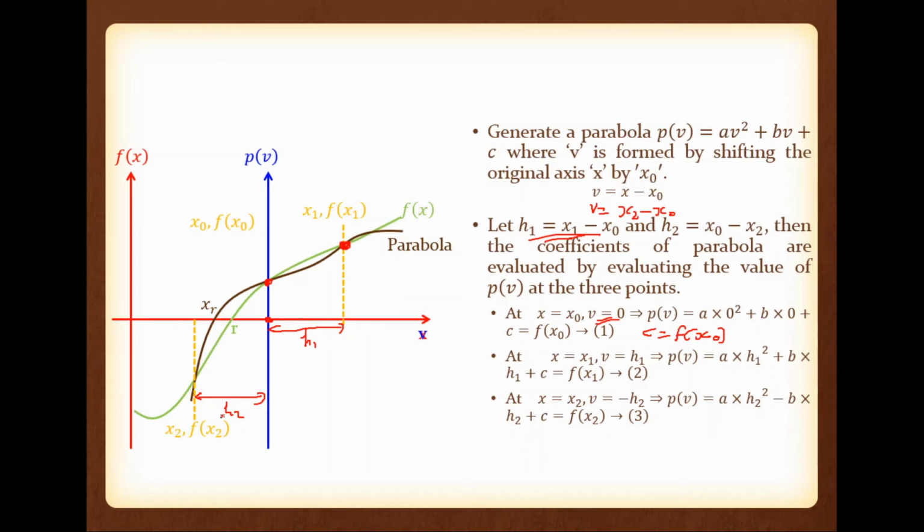So at x equal to x2, v equal to minus h2. So what about p of v? P of v is equal to a into h2 square minus b into h2 plus c. Why is it minus b into h2? Because v equal to minus h2. So plus b into minus h2, that is minus b into h2 plus c.